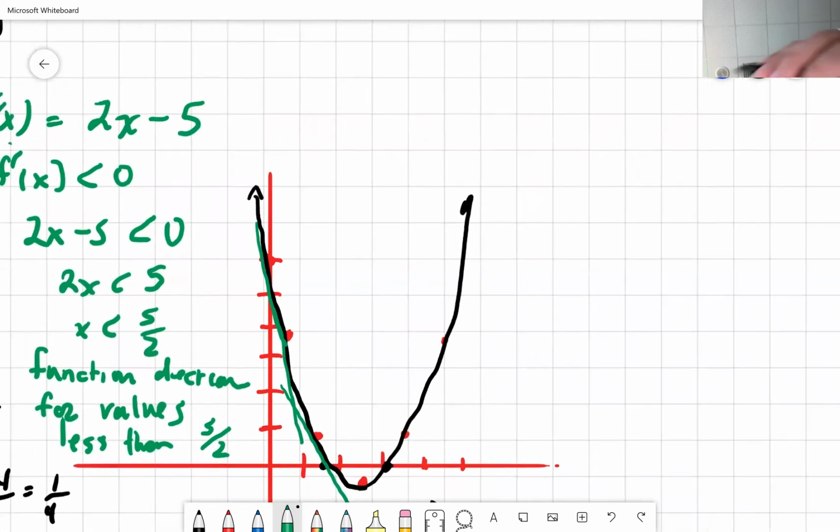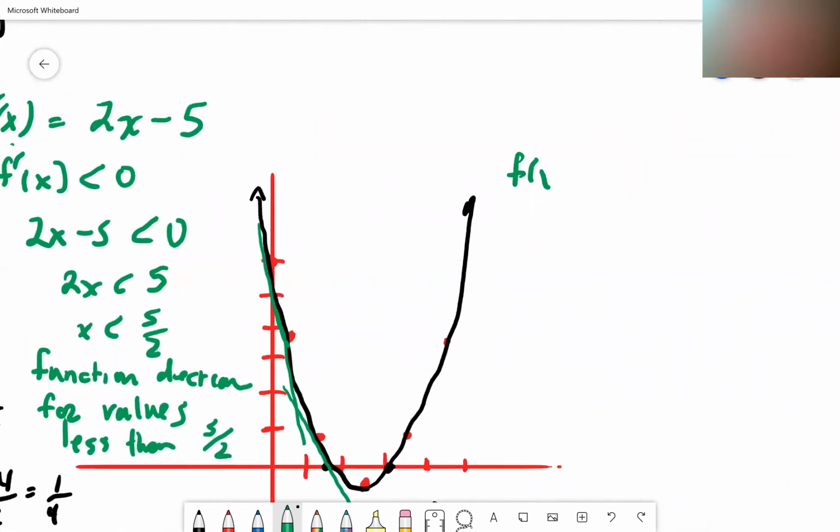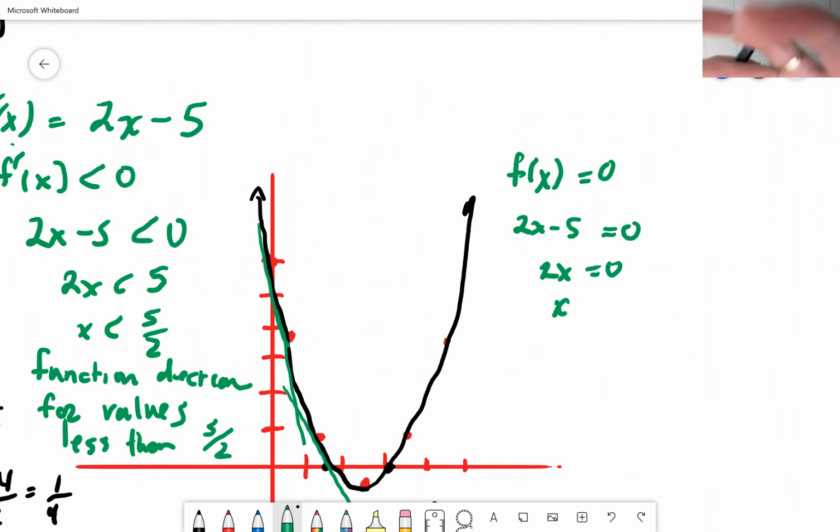Now, when I check for f prime of x equal to 0, 2x minus 5 equals 0. Guess when it equals 0?